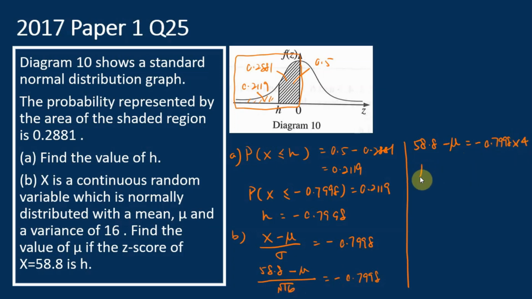Therefore the mean is equal to 58.8 plus 0.7998 times 4. This is equal to 62.00. So this is the mean of this distribution.